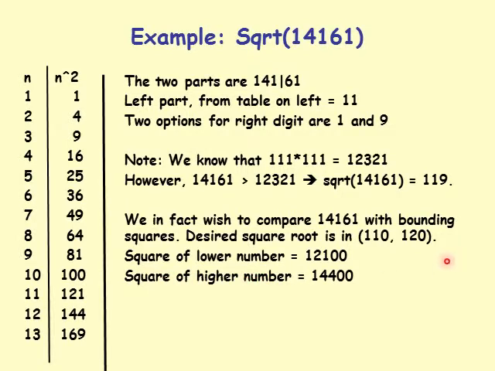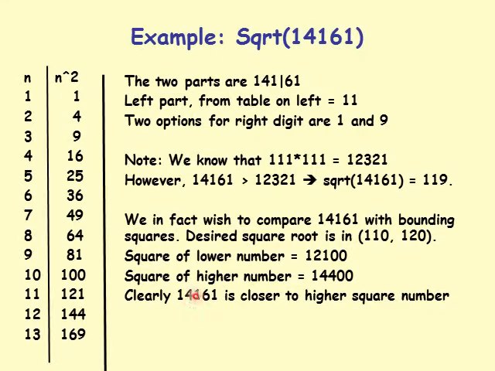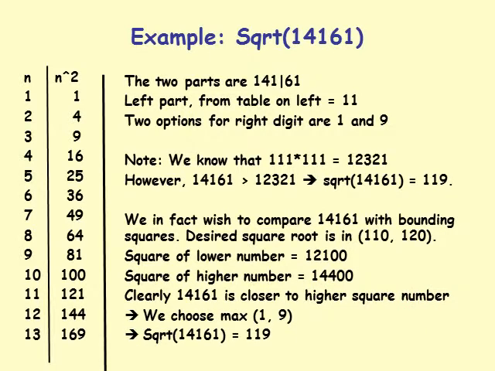And the square of the higher number is 14400. Clearly 14161 is closer to the larger number, the higher square number. So that means we choose the larger of 1 and 9, which is 9. So the square root of 14161 is 119.